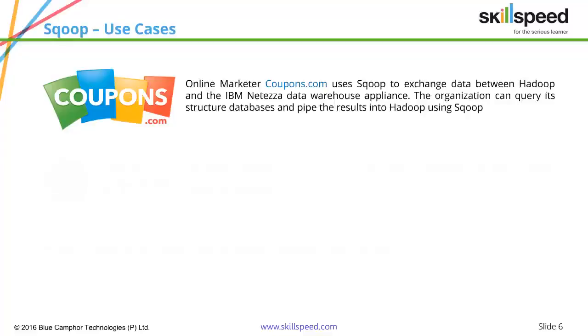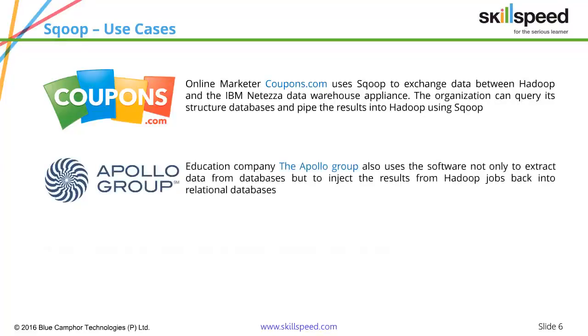The second example would be the company called Apollo Group, which is into education. They use the software not only to extract data from databases, but to inject the results from Hadoop back into the relational database. That is another very interesting aspect of Sqoop. Many times, your organizations might be using traditional business analytics tools which will run only on RDBMS or OLAP systems.